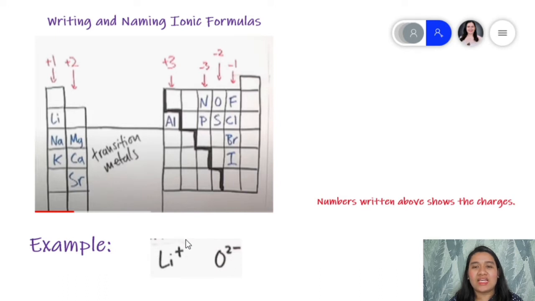If you cannot see any number, it means it has a 1 charge. Next, oxygen belongs to this group, so it has a negative 2 charge. So lithium is positive 1, oxygen negative 2.